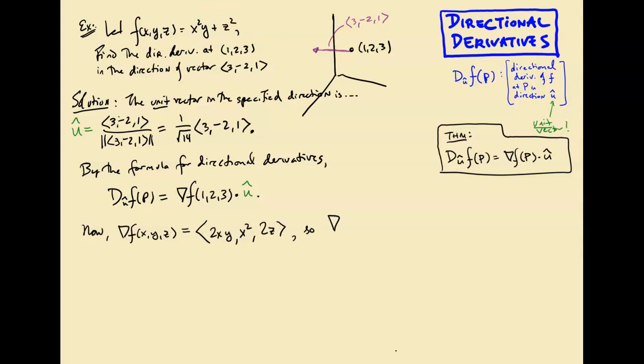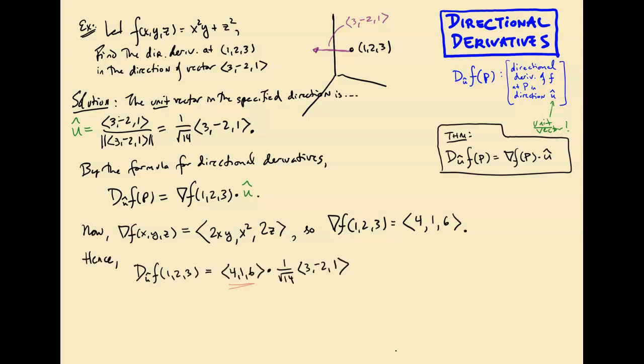So from that, it follows that the gradient evaluated at 1, 2, 3 is going to be the vector 4, 1, 6, which we get by popping those coordinates into that vector right there. Hence, it follows that the derivative we're looking for is the dot product of that gradient and the unit vector in the direction we're taking the derivative in.